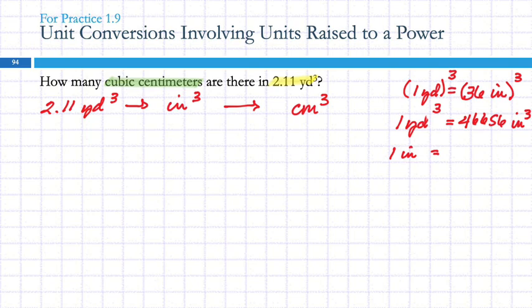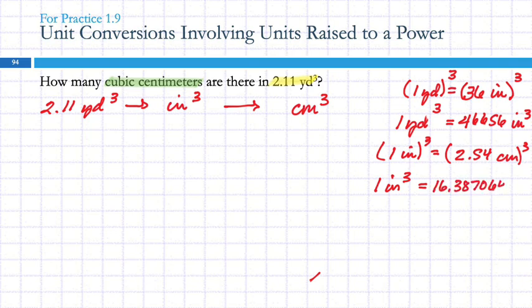So we'll start with inches to centimeters, and I'm going to cube them, not square them. So 1 cubic inch, so 2.54 cubed, 16.387064 cubic centimeters.